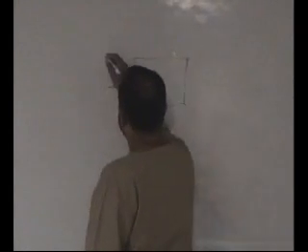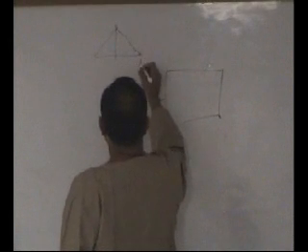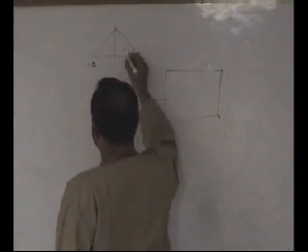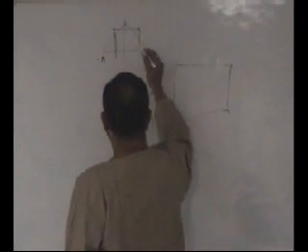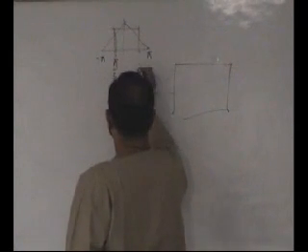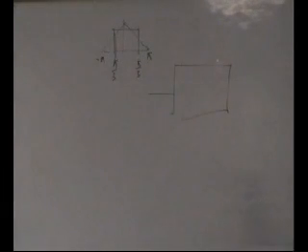In decimation, if you want to decimate, first you make sure that there is nothing beyond pi over M. So if this is pi, this is minus pi, and you want pi over M, let's say M is 3. If there is part of the spectrum beyond pi over M, you need to pass it through a pi over M filter.